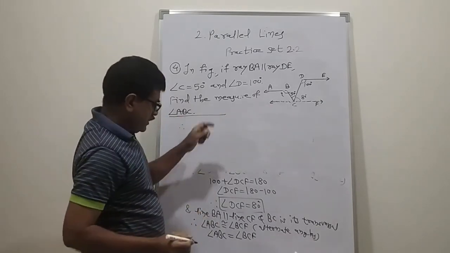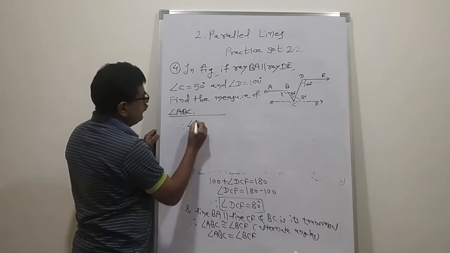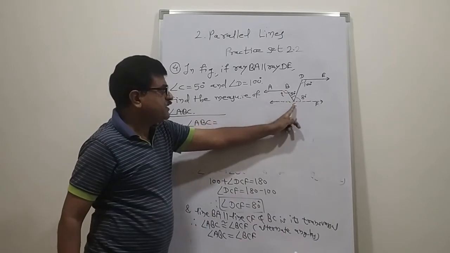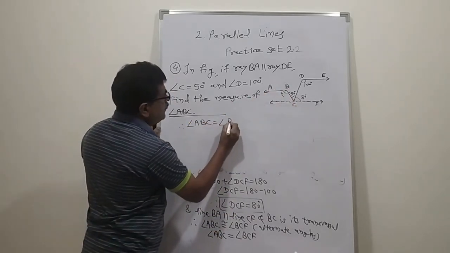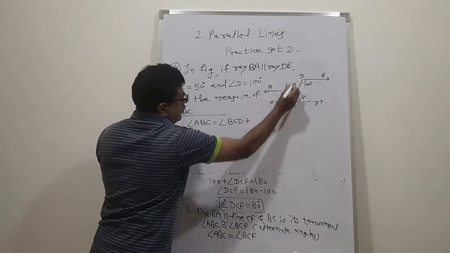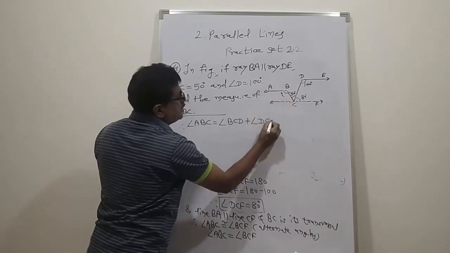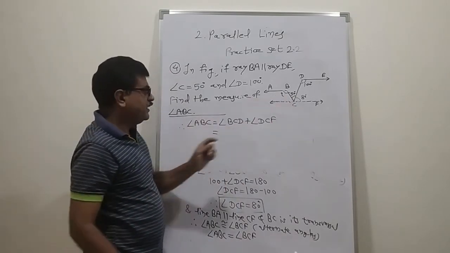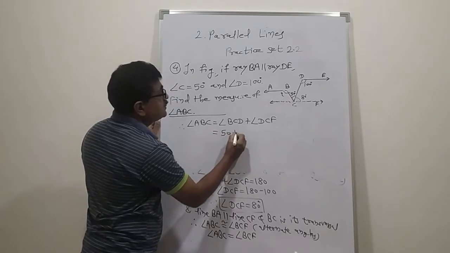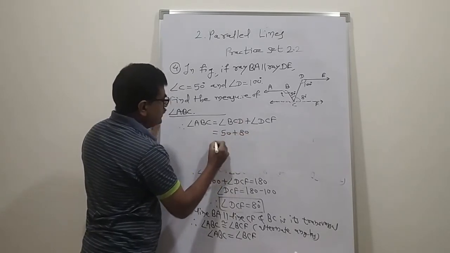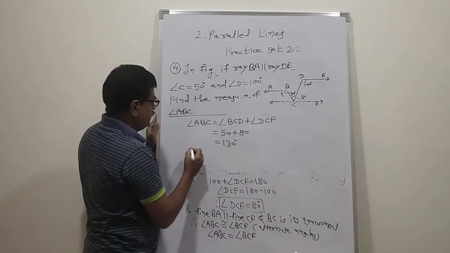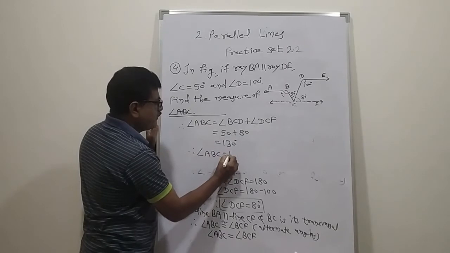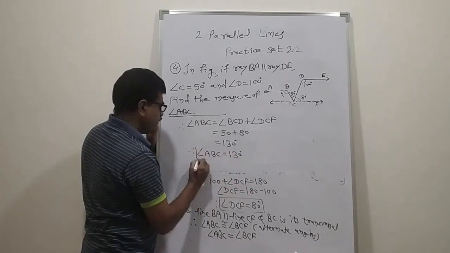Therefore, angle ABC is equal to angle BCD plus angle DCF, equal to, now the value of BCD is 50 plus DCF is 80, which is equal to 130 degrees. Therefore, angle ABC is equal to 130 degrees. This is our answer.